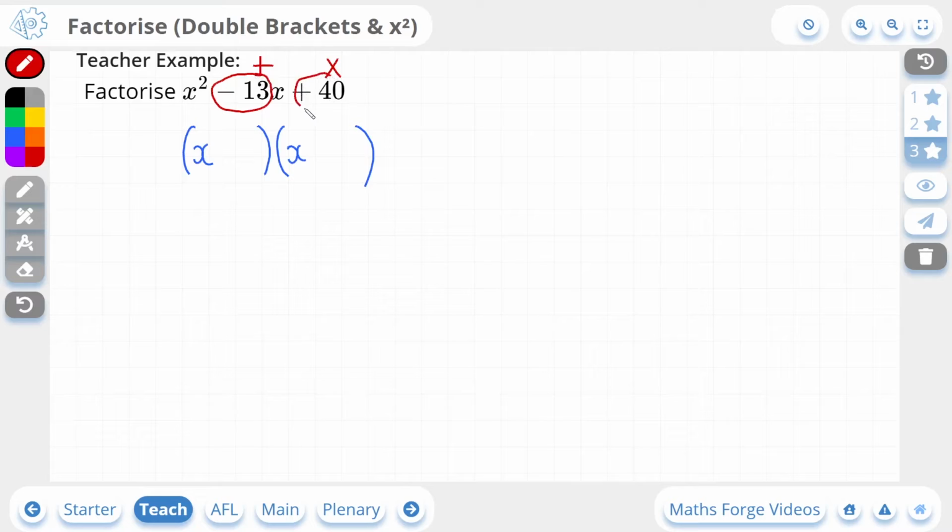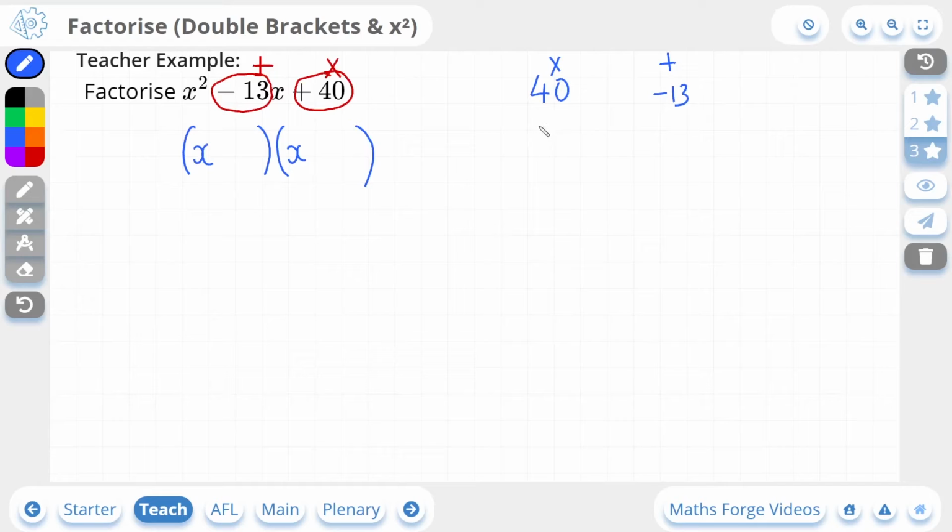We have to really think about the numbers here. These two numbers must multiply to give you a positive number and add to give you a negative number. Well, let's think about these numbers. So we're looking for two numbers that multiply to give us 40 and they add to give us negative 13. I know straight away my two numbers have to be negative.